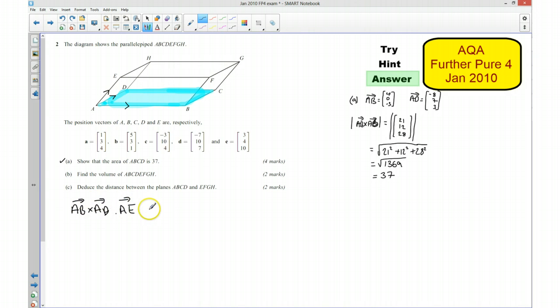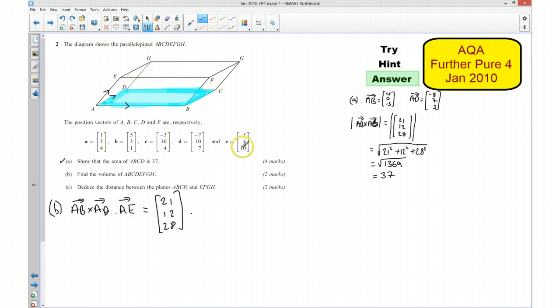That's going to be equal to, well, the cross product of AB and AD is here, so that's (21, 12, 28), and I'm going to dot that with AE.